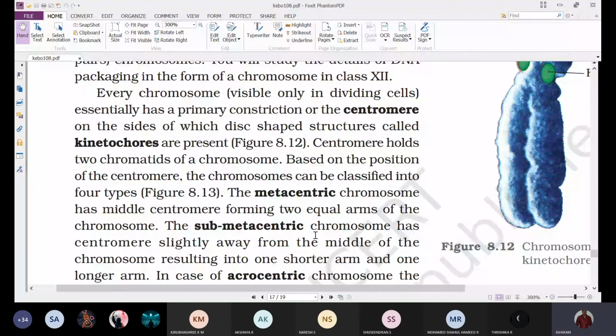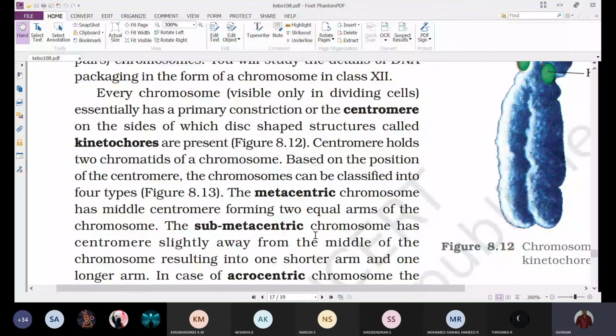The chromosomes will decondense and be converted into chromatin material when the cell enters interphase. So if you want to observe chromosomes, we can observe them only during cell division.